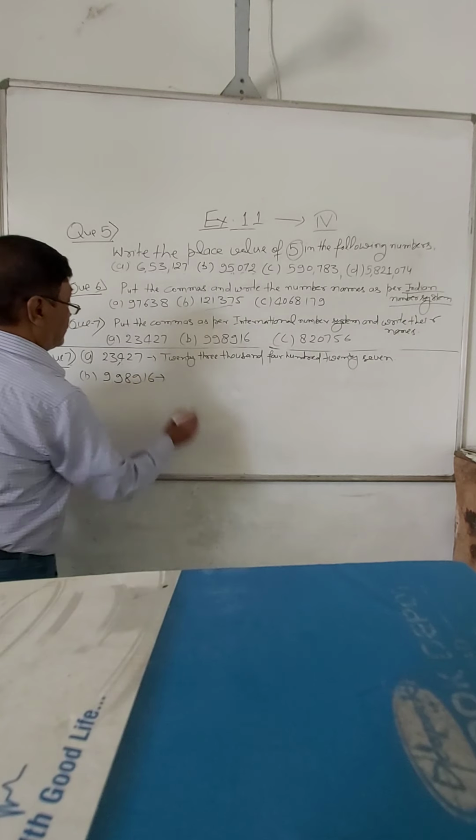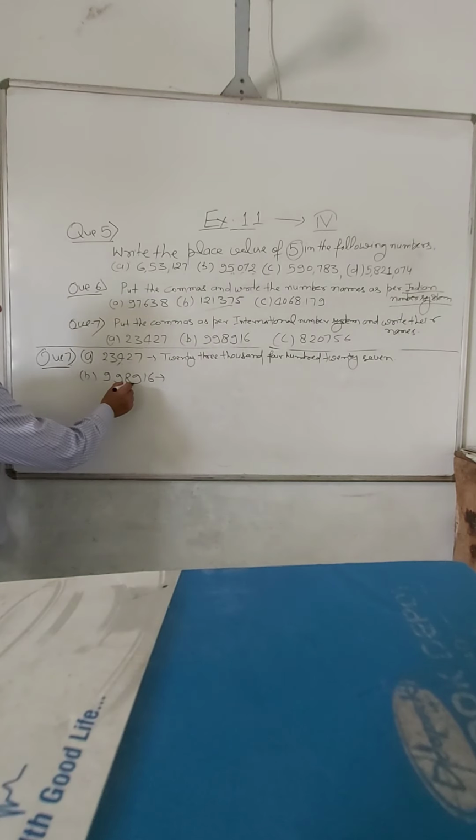Here is another number: 998,916. The first comma will come here and the second comma after 3 digits. So this also you read: ones, tens, 100, 1000, 10,000, and this is the 100,000 place. So this is all the 1000 period, so till the 1000 period this is 998,000.